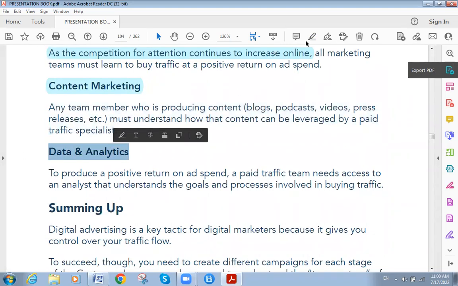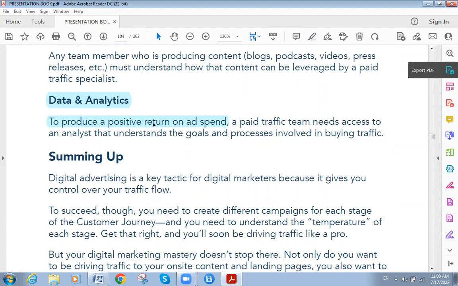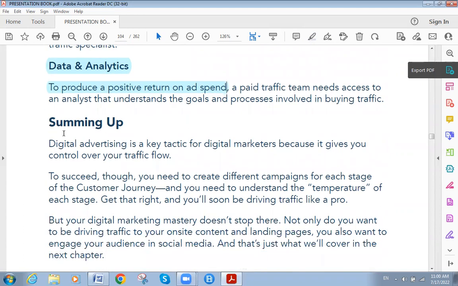Data analytics to produce a positive return on ad spend. So they are the ones who always try to make more and more people convert and buy, and get a positive return on ad spend.